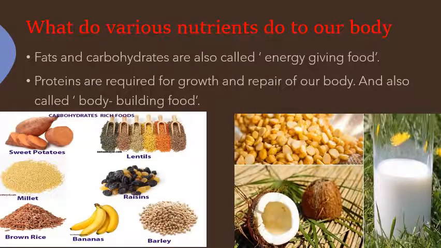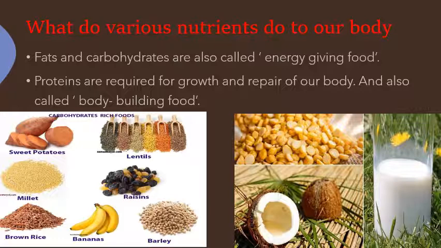You can see the example, the carbohydrate rich food, that is sweet potato, millets, raisins, lentils, brown rice, bananas, barley. All these are rich in carbohydrates. Now, in the second picture, you can see milk, coconut. These are rich in protein.